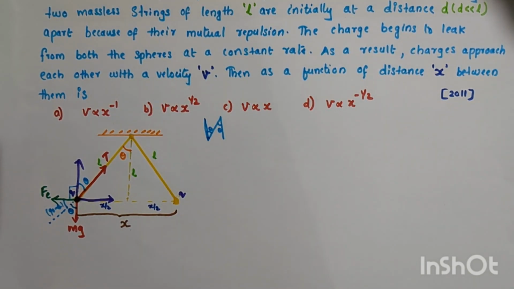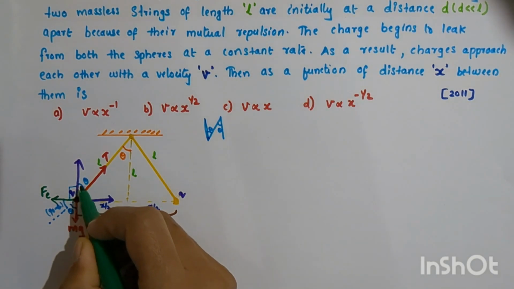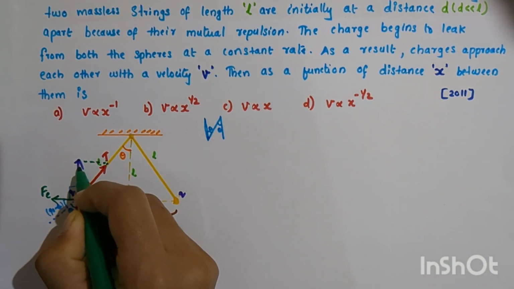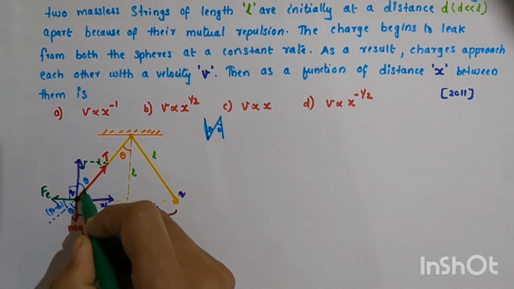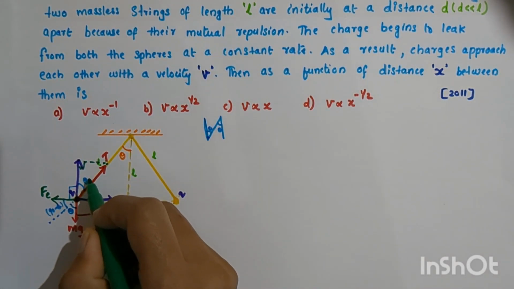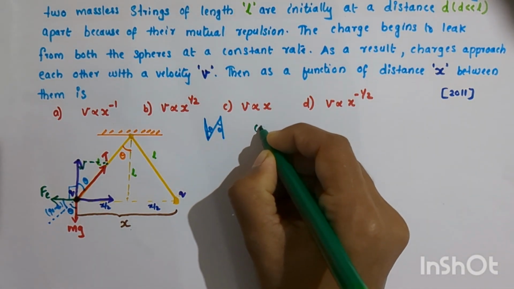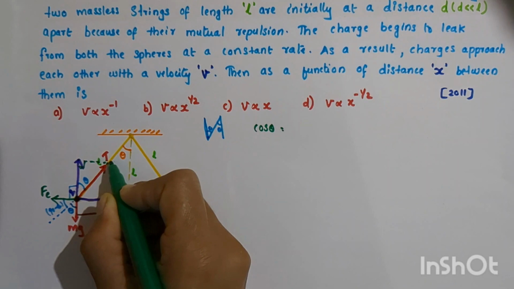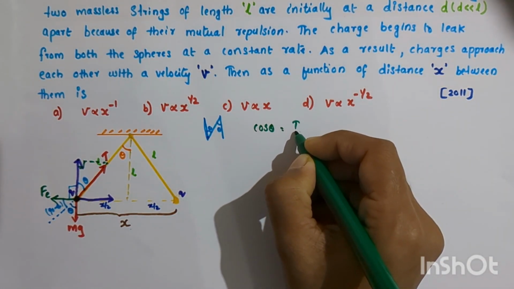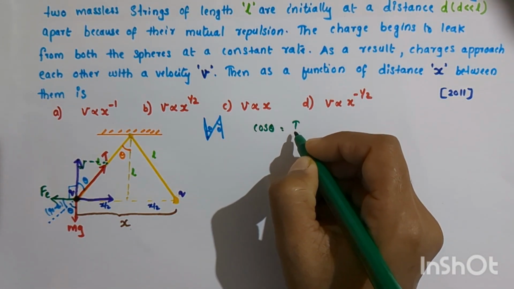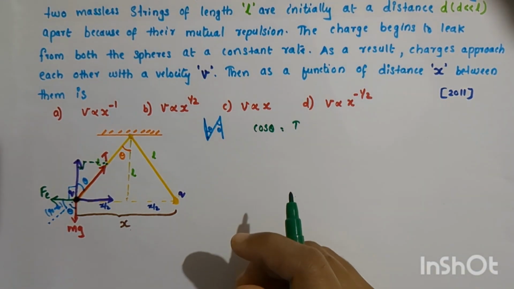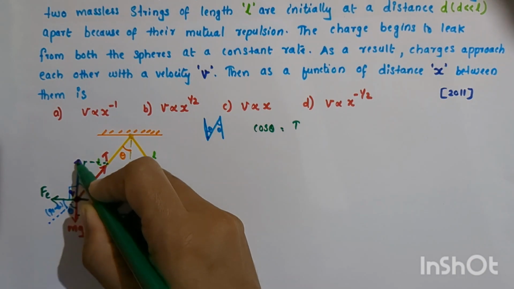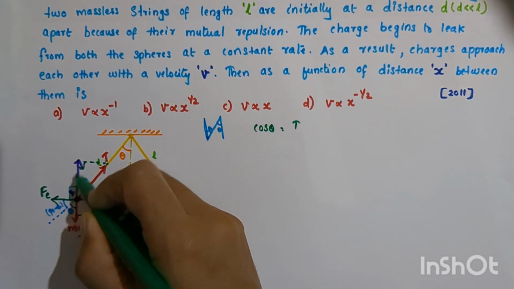Now, if we find cos theta, suppose I am just joining this and forming a triangle here so that this angle becomes 90. This angle is theta. So, from this triangle, you can write cos theta is equal to the adjacent side, that is having a magnitude of tension T. Adjacent side of this is actually this vertical component of tension, no?